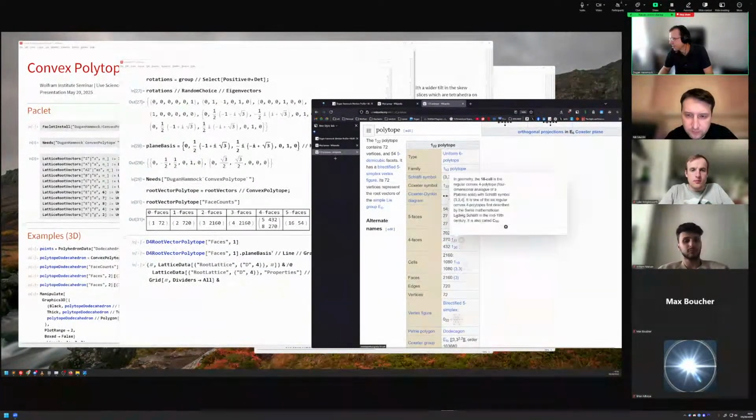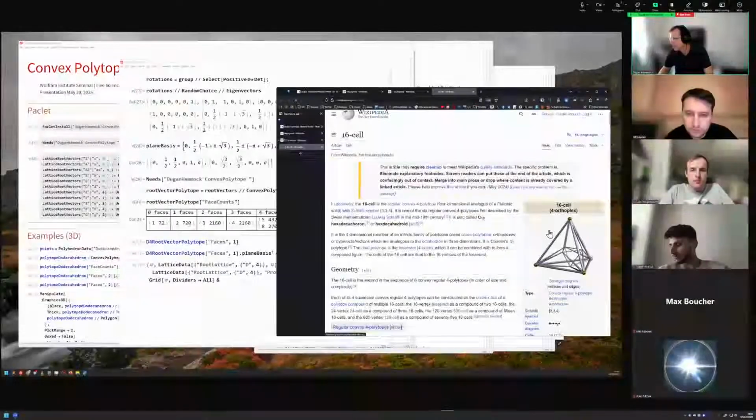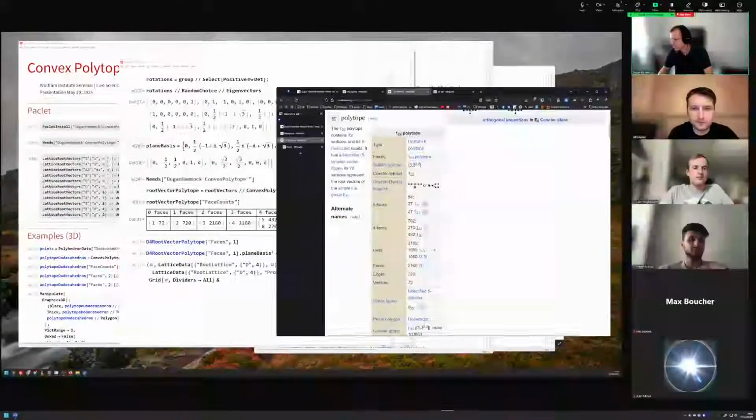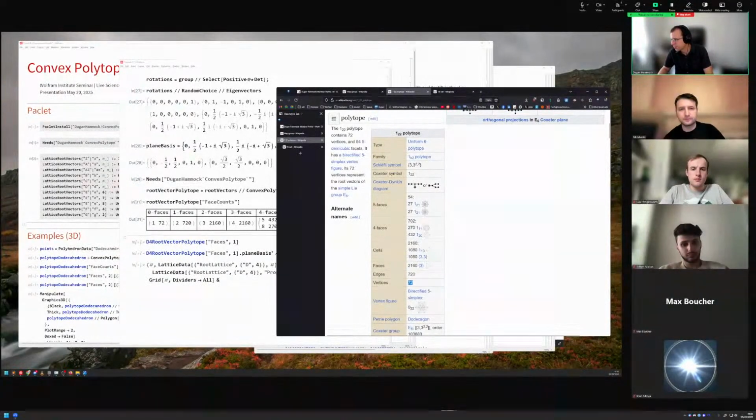Whatever those are. Cool. Yeah, so I got it right. 2160 3-cells, and then 2160 triangles, 720 edges, and then 72 vertices.